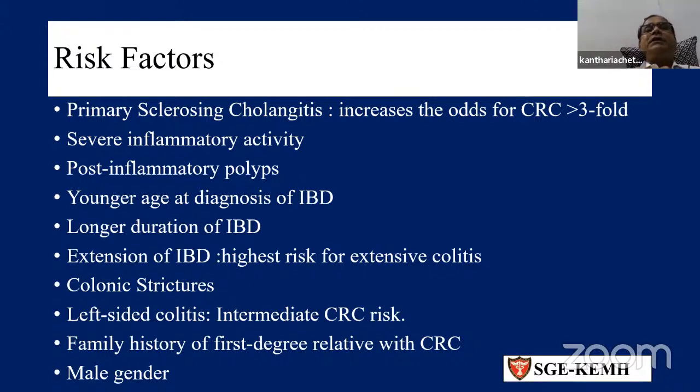Colonic strictures and left-sided colitis have intermediate risk. Those with a family history of first-degree relatives with colorectal carcinoma are more predisposed, and so is male gender.